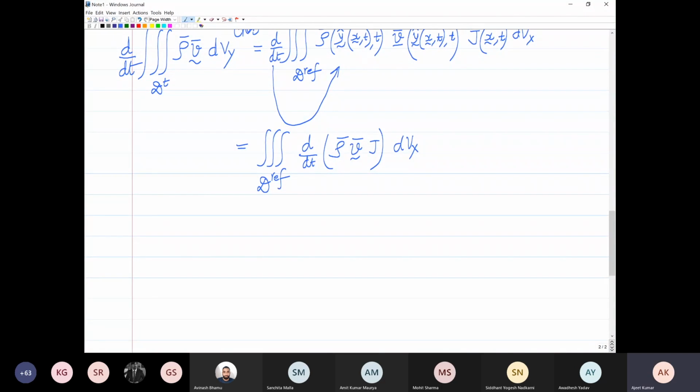Okay, so now I'm going to apply the product rule. So this is then going to be integration over D ref, d dt of rho bar v bar into j, plus rho bar v bar j dot, dvx, and understand that these dots are the material time derivative.